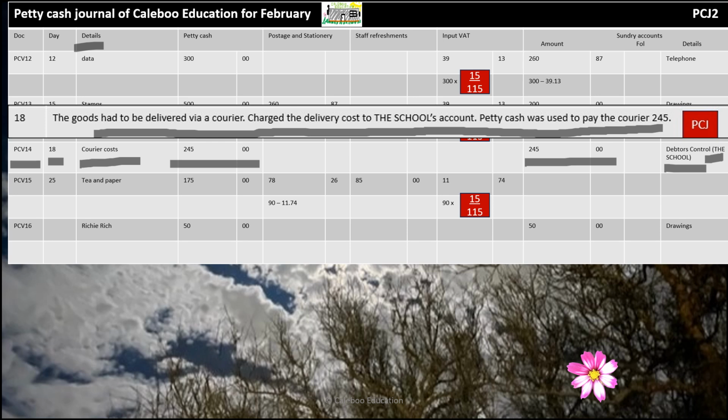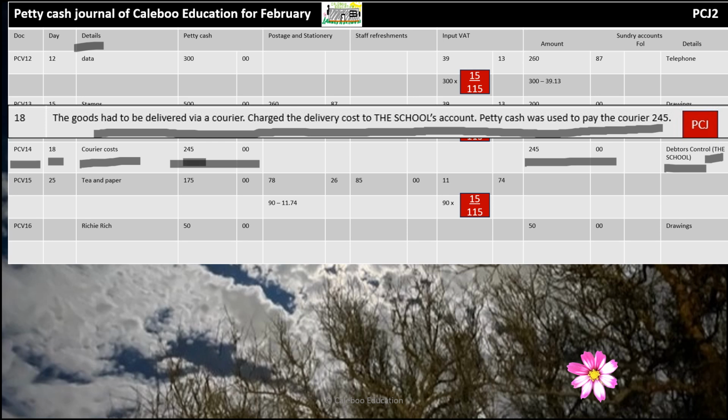The courier costs, it was 245, and we're going to collect the money from the school when they pay us. So we paid for courier costs to get stock that we sold to the school to their premises. So there we go.